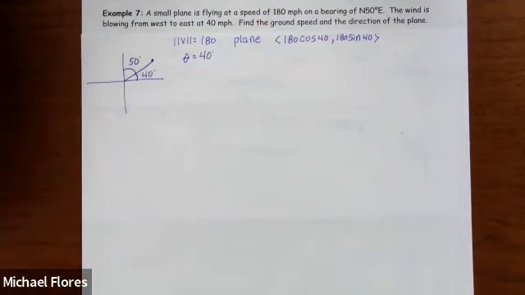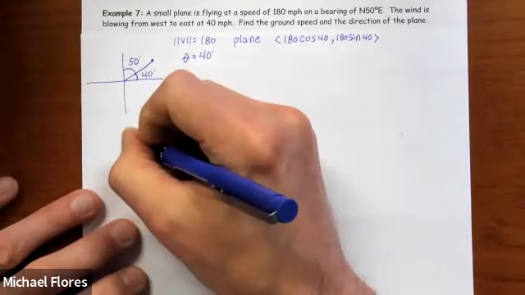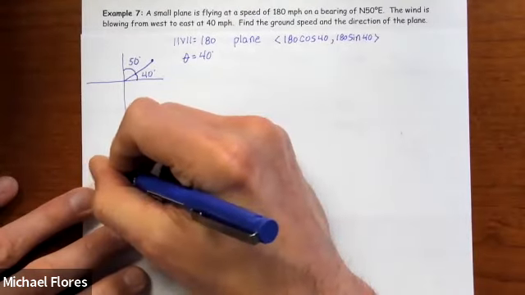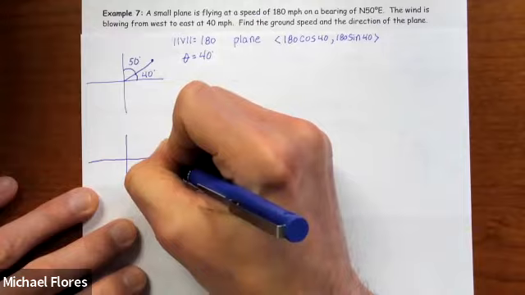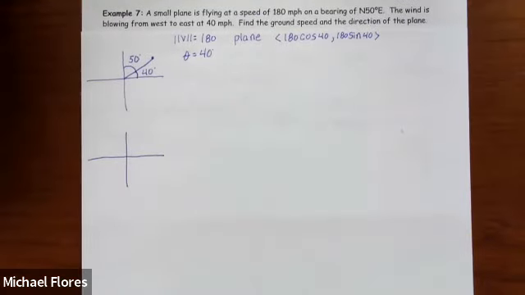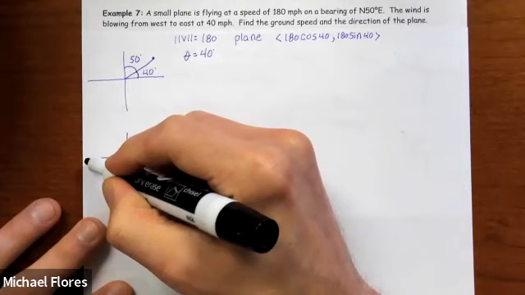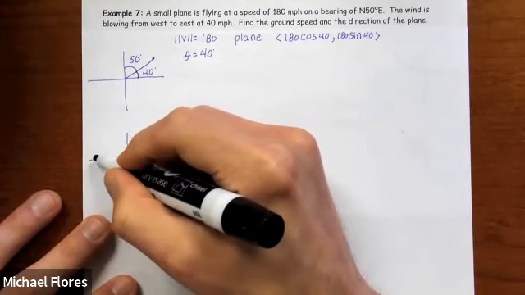The wind is blowing from west to east at 40 miles per hour. I'll try to get a different colored marker here to demonstrate this. Here's the west to the east.